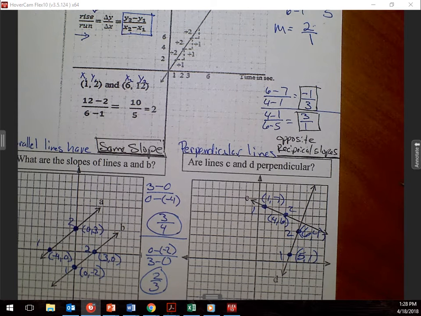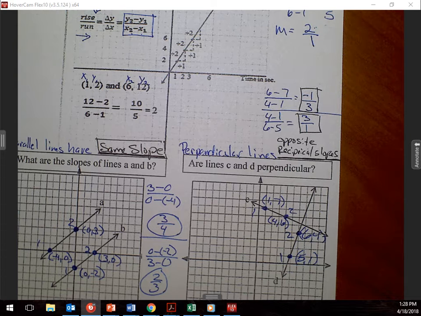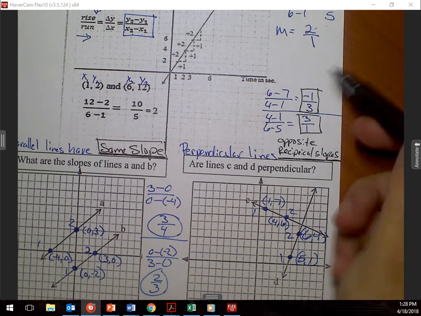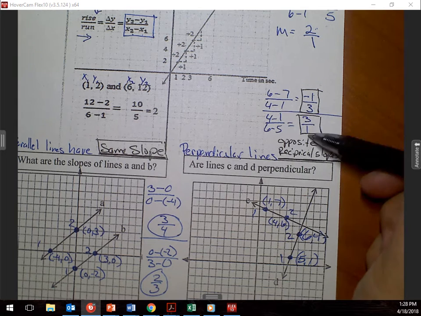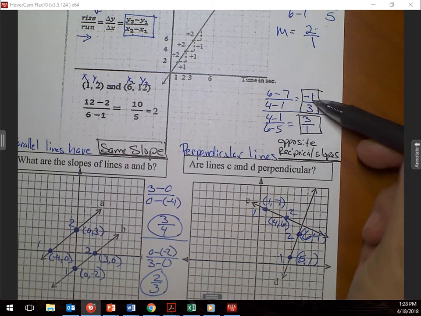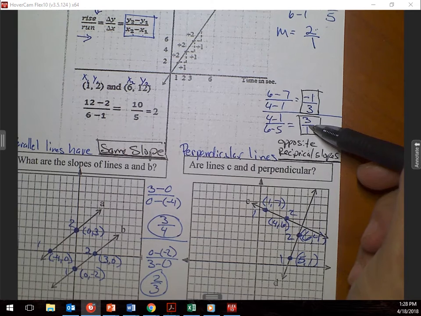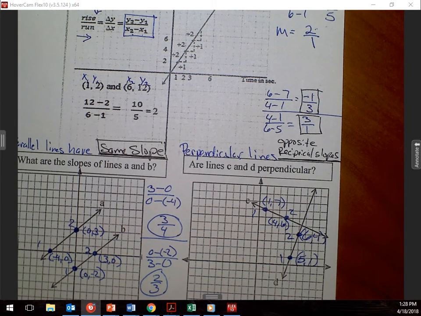Now, what does the word reciprocal mean? To flip. Flip it over, right? The fraction flips over. So as the fraction, this is 1 over 3. Is this flipped over? Yes, it is. Now they are opposite and they're reciprocal, aren't they? So are they perpendicular? So what am I going to say over here? Yes.